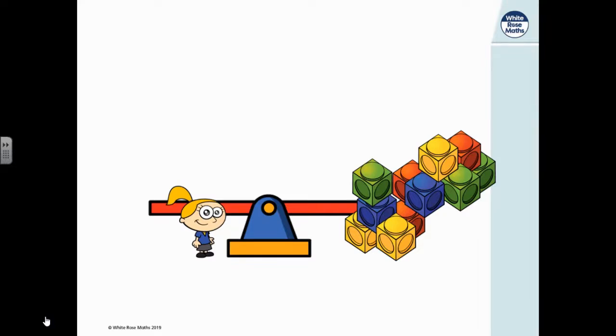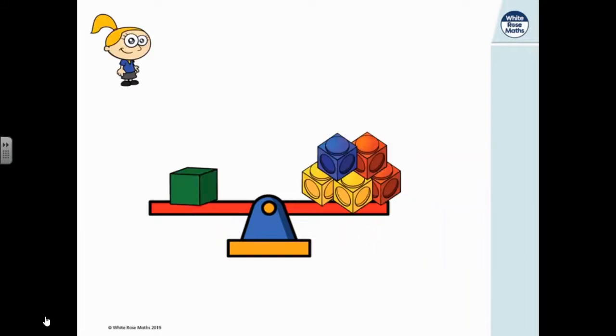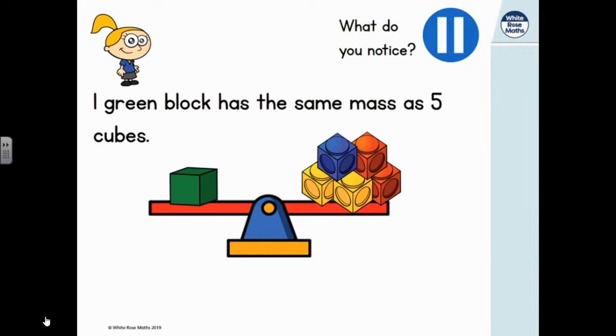She decides, I need to find a cube which is heavier than these cubes. What do you notice about this green block and the cubes on the other side of the balance? That's right. The green block has the same mass as the 5 cubes on the other side. One green block has the same mass as 5 cubes.